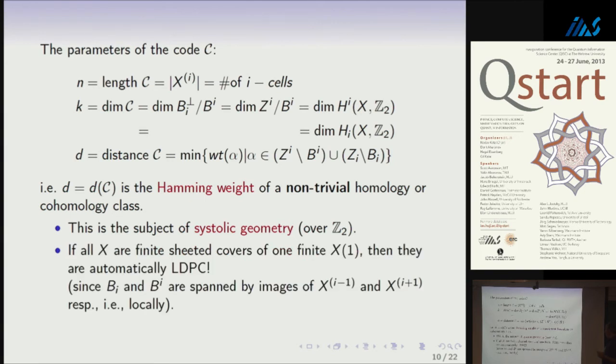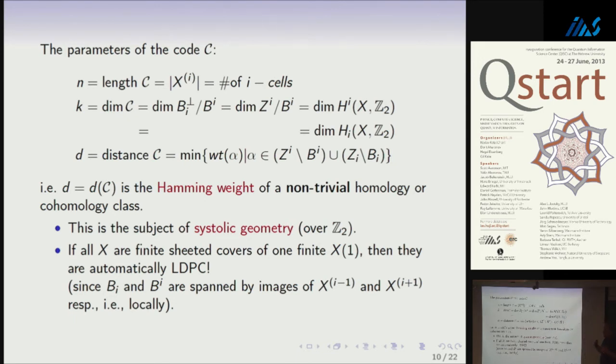Okay. Now let me say something important for us. As we said before, we are really interested in an infinite family, not just one code. In the infinite family, you have a family of simplicial complexes with the number of vertices getting larger and larger.